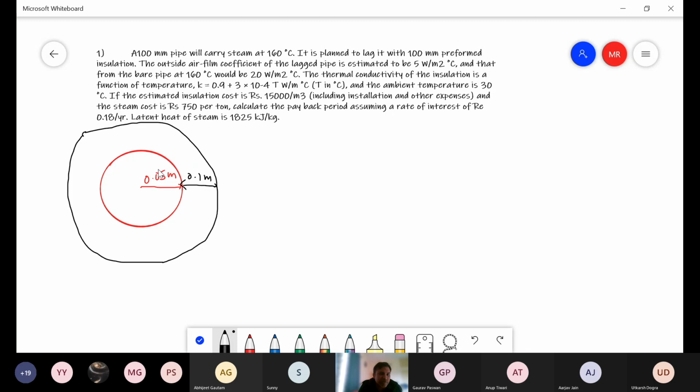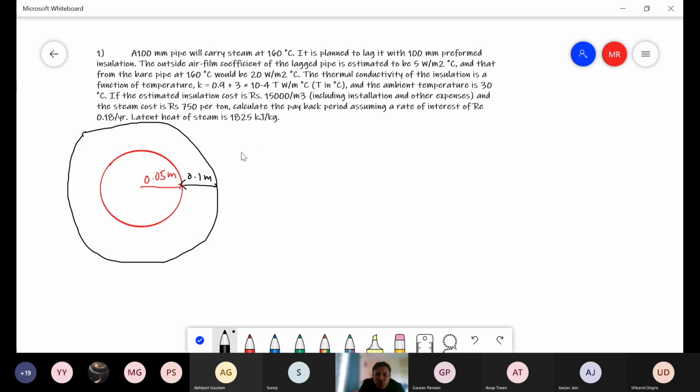Now this particular pipe is carrying what? It is carrying steam. Just a minute. Outside air film. Let me read out completely. The outside air film coefficient of the lagged pipe is estimated.